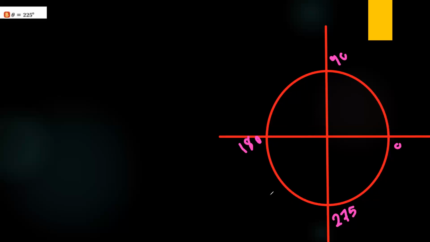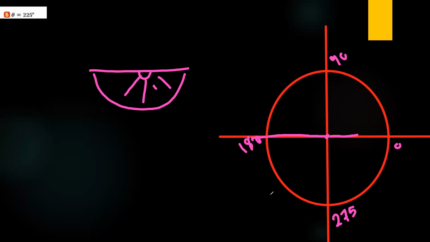What do you have to do? Imagine you have your protractor, and you put it here. Now you need to draw 225. You put your 180 here as a reference line.